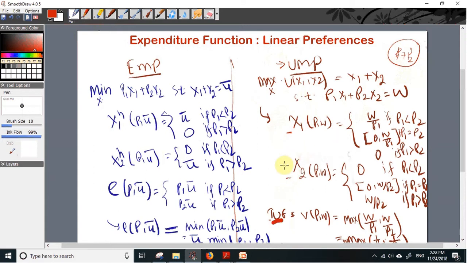So the Marshallian demand function or the Walrasian demand function can simply be expressed as follows. The demand for x1 is, if P1 is smaller than P2, he will purchase all x1, so the demand for x1 will be W over P1. If the prices are equal, he can purchase any quantity of x1 from 0 to W over P1, and if P1 is greater than P2, the demand for x1 will be 0.